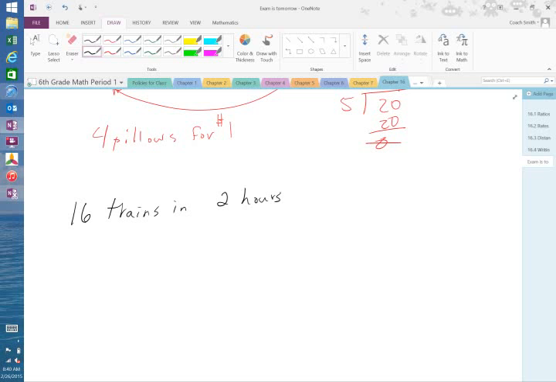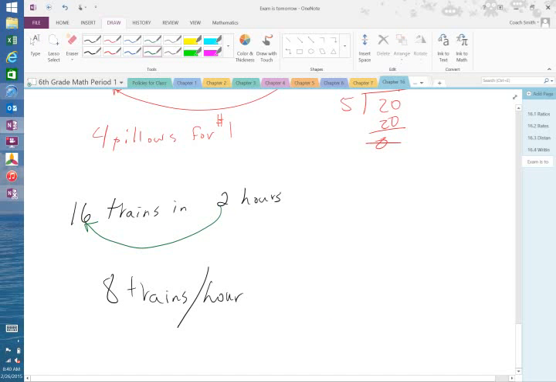What did you get, Noah? 8 trains per hour. Yes, 8 trains per hour. Remember, we can use the fraction bar for the word per. And we just, once again, simply divided 2 into 16. 2 goes into 16 8 times.